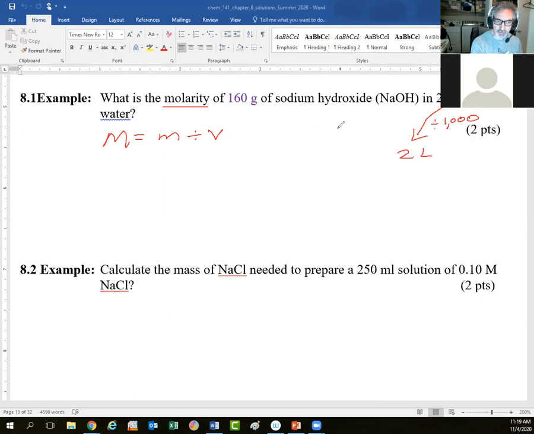But for the sodium hydroxide, we need to know how many moles 160 grams is. Well, from the chemical formula, sodium hydroxide, NaOH, that's 23 grams for sodium, oxygen, that's 16 grams, and then for the hydrogen, of course, that's 1. So total is 40 grams per mole.